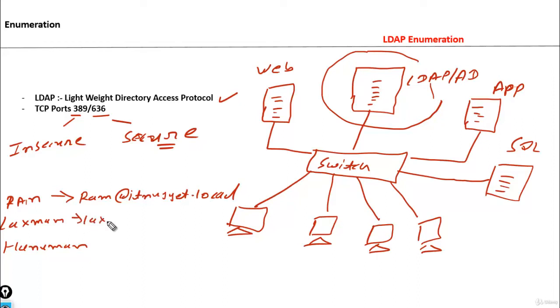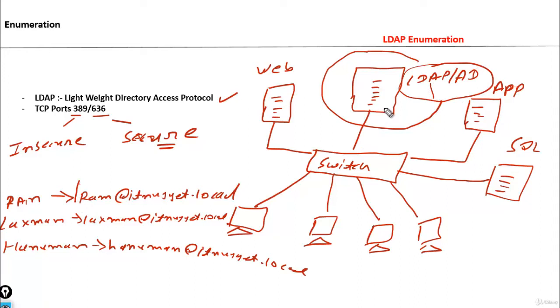Lakshman will use lakshman@itnugget.local, and when Hanuman logs in, he will use hanuman@itnugget.local. So you will create these three users in this LDAP server, and we will link this LDAP server as an authentication server for the application, for SQL and for web.